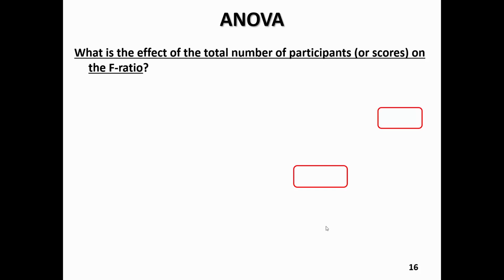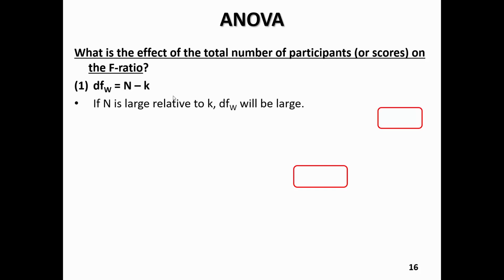Before we get into the final interpretation, we asked the question: what is the effect of the total number of participants or cases on the F ratio, that would be the F obtained? Recall that the degrees of freedom for the within term is the sample size minus the number of groups.